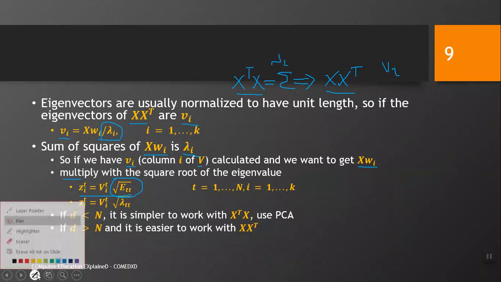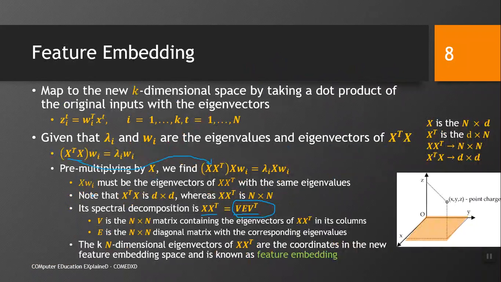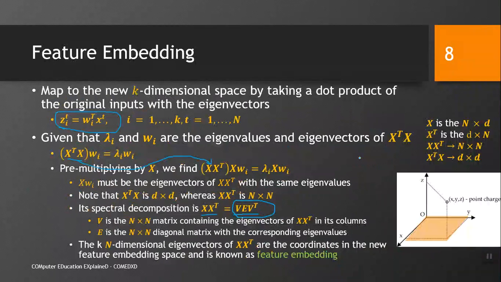So here, if we have Vi calculated, and we want to get this Xwi back, which is represented by Z. Remember that here we have represented Z as Wx. So we want to get Wx or XW back.